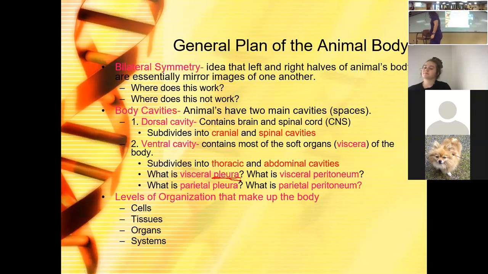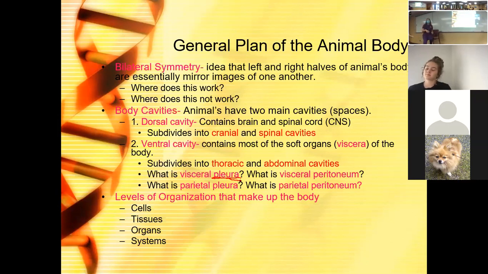So pleura is just the name for the mucous membrane. But remember, how many of these mucous membranes do I have in the chest? Two. One on the lung, one on the organ, and one lining the chest cavity.